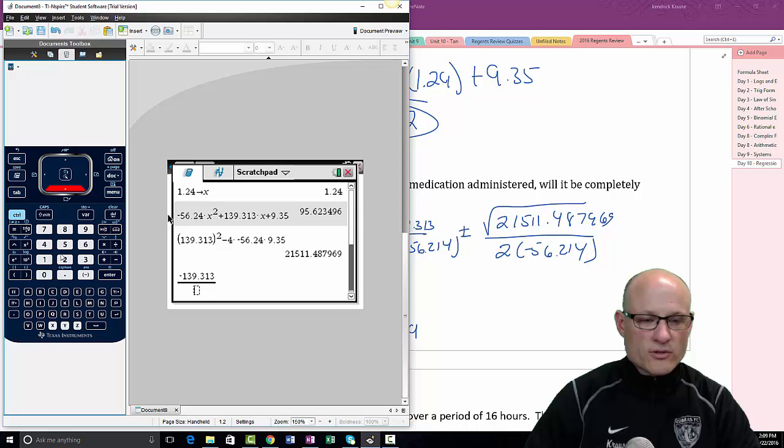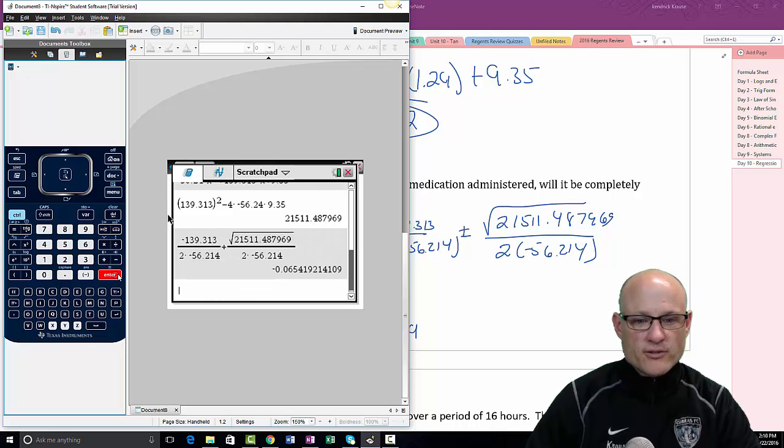Negative, all over 2 parentheses negative 56.214 parentheses, plus the square root of this, all over 2 times negative 56.214. Enter.